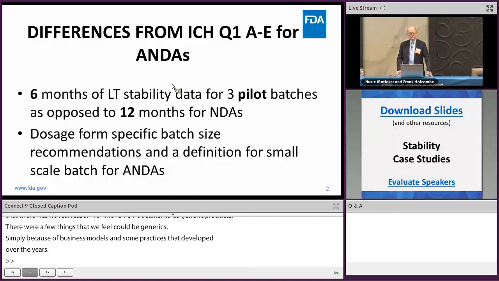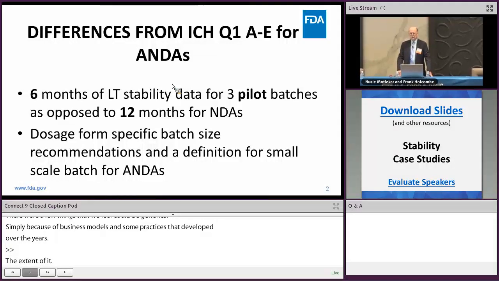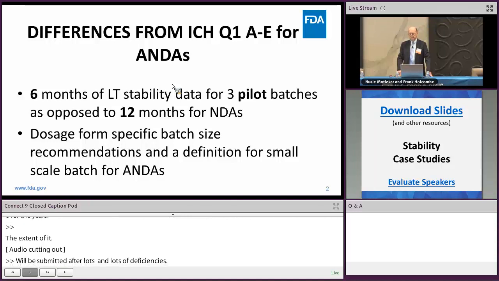We maintained 3 pilot batches or 2 pilot batches and 1 small batch. We added, based on requests from industry and lots and lots and lots of deficiencies about batch scale, some more specific guidance about what the minimum scale should be for certain dosage forms, specific dosage forms.